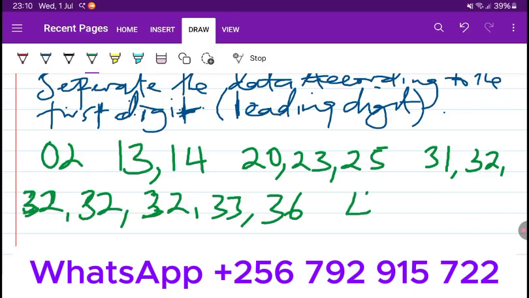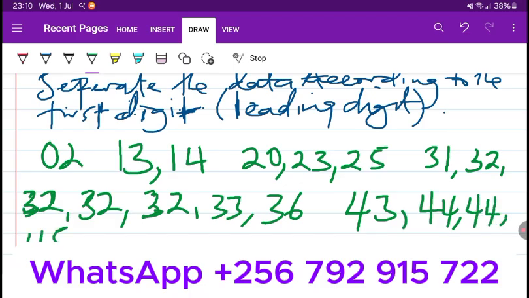So we have 43, comma, 44, then 44 again, comma, we put 45. Of course they end on 45, so we are not going to put a comma here.